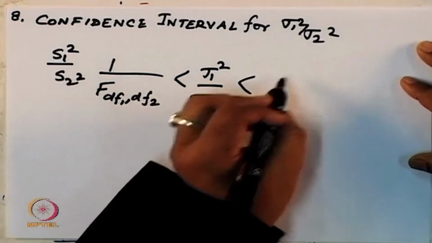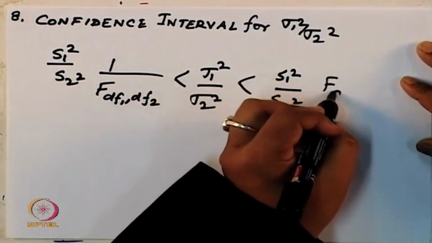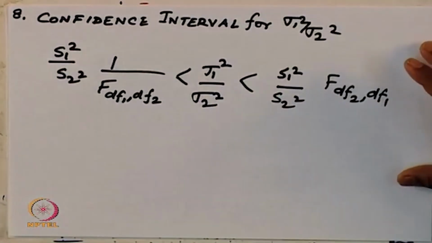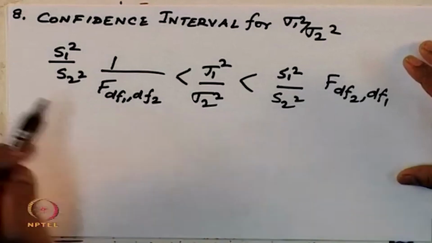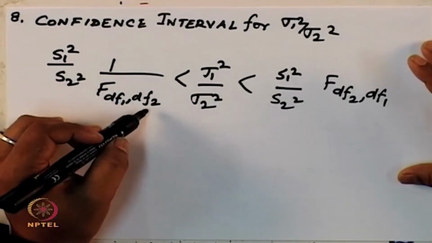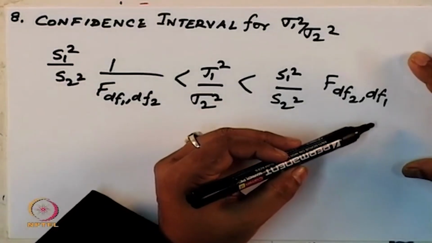What you see are two different terms, S1 square by S2 square into 1 by capital F of df1 comma df2, and the other one is f of df2 comma df1.